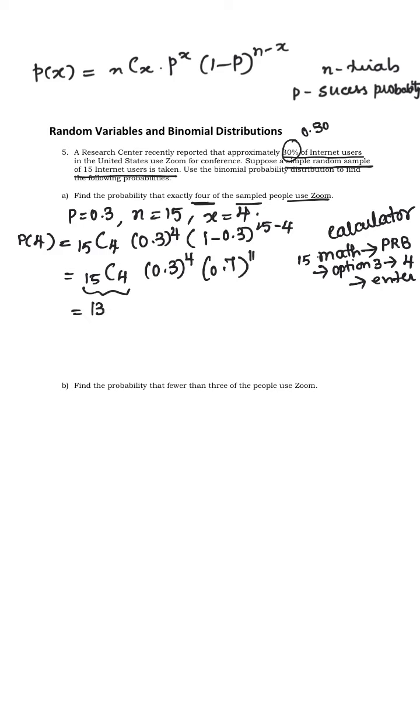So you will get the number 1365. Then enter the rest of the numbers into the calculator to find the probability.